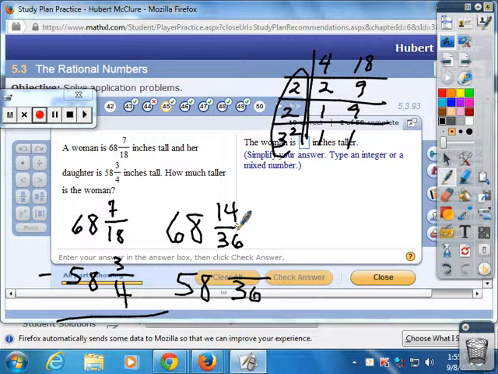How many times will 4 go into 36? 9 times 3. What's the problem? You can't take 27 away from 14. You can and get a negative, but then that'll just cause problems because 68 minus 58 is not negative. So then you got conflicting signs, so you can't do that.